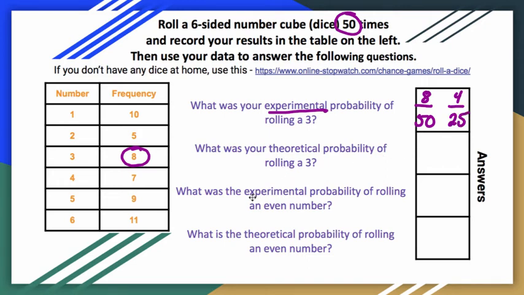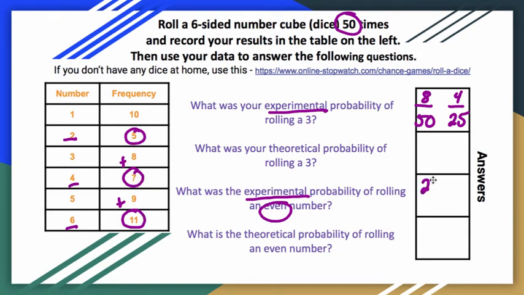I'm going to come down here. Experimental of an even number. Well, an even number is a 2, a 4, or a 6. So I want any roll that gave me a 2, a 4, or a 6, an even number. Well, I had 5 plus 7 plus 11. 5 and 7 is 12, plus 11 is 23.